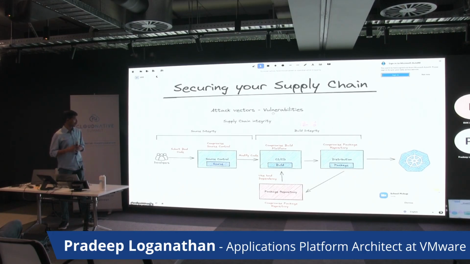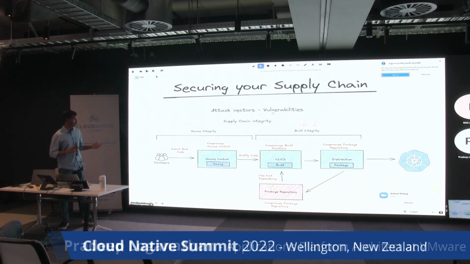From an attack vulnerability perspective, the various vulnerabilities in the supply chain. From a source integrity perspective, you can have developers submitting bad code, mostly unintentionally, rather inadvertently, but sometimes they do it. In some cases, you have your source control being compromised and your source being impacted.